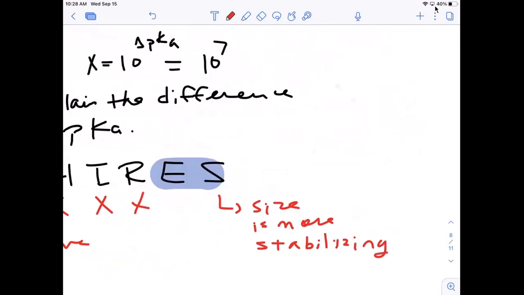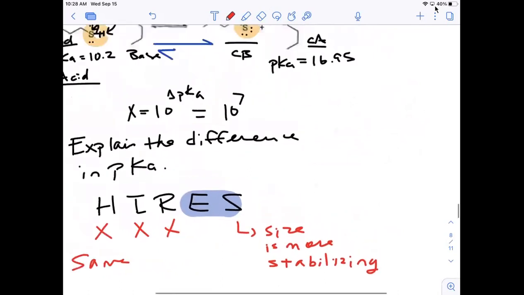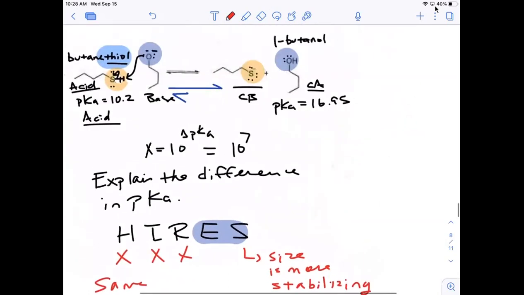What is it about the size of the sulfur atom that allows it to stabilize the charge more? And when we talk about size, what do we mean? Are we talking about what specific characteristic of that atom we are dealing with when we talk about how big it is? Anybody remember that?